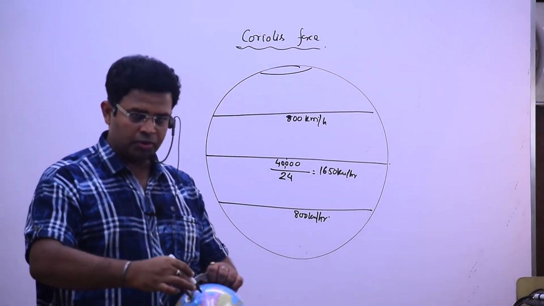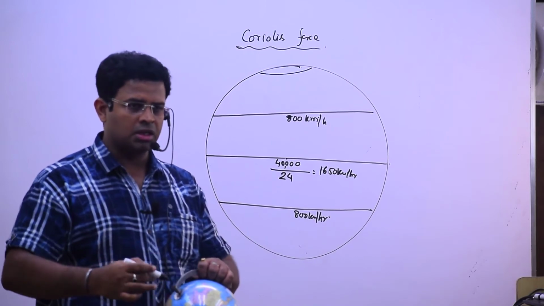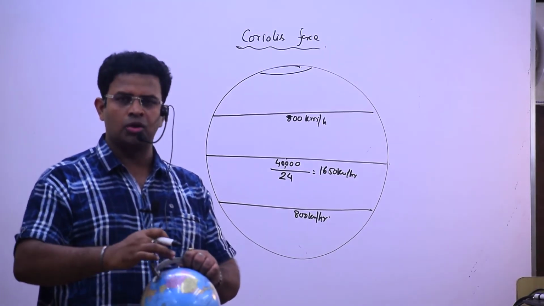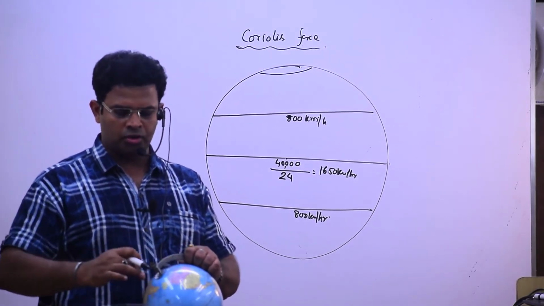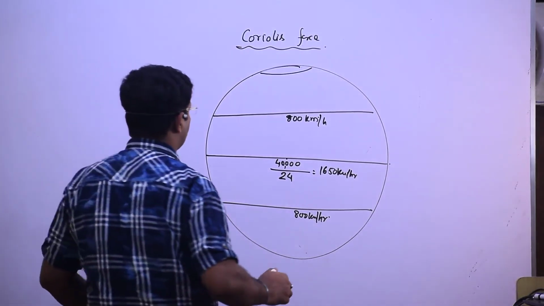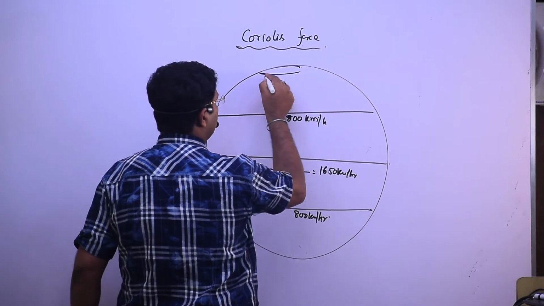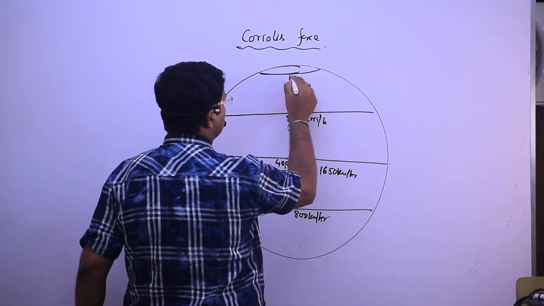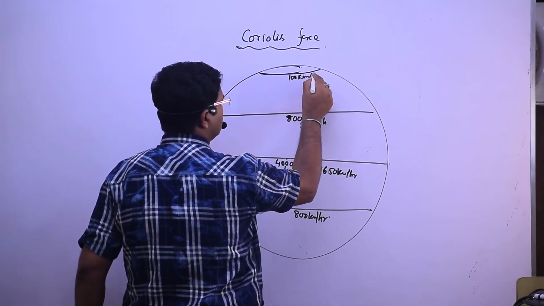Circumference reduces, but it is also taking 24 hours to come from here to here, because it is also rotating along with the earth. So suppose it will become 100 kilometer per hour.